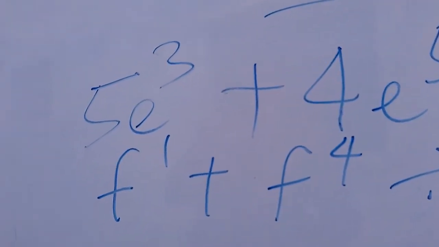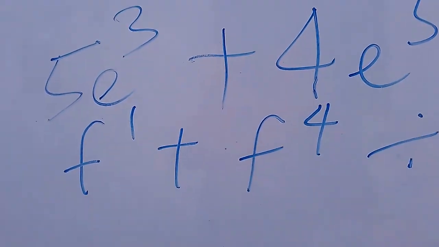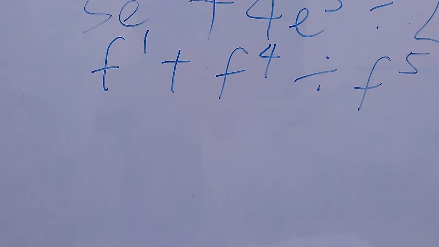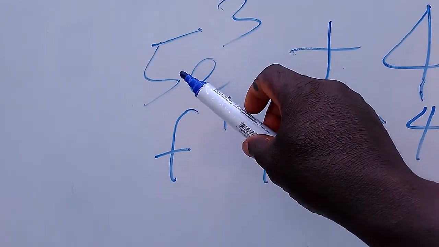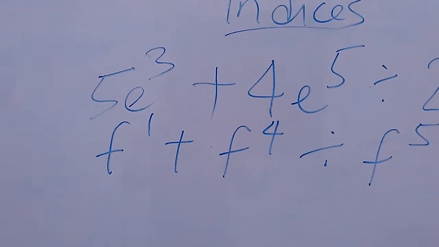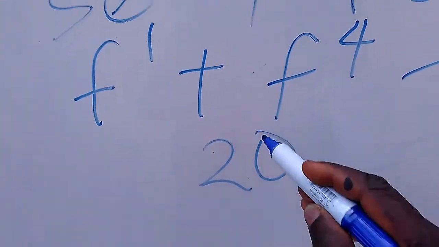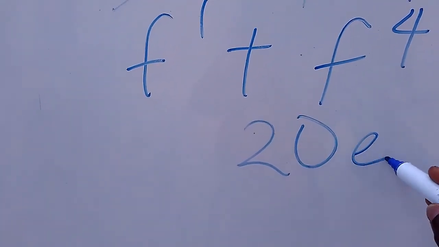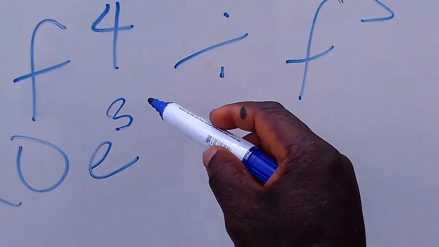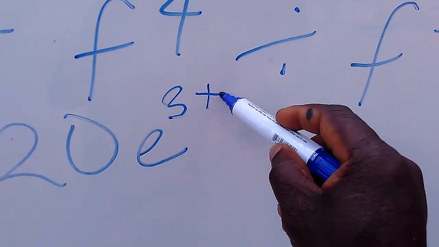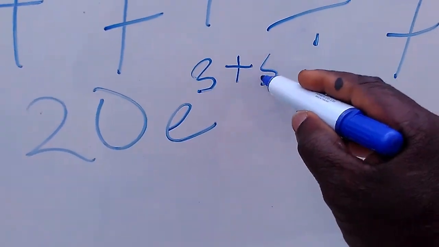So here, 5 times 4. 5 times 4 is 20. Then we have the E raised to the power 3 plus 5.